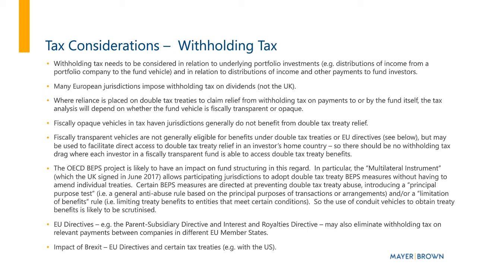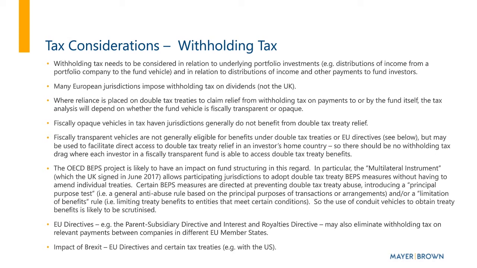Obviously, the UK doesn't. Now, you can rely on double tax treaties, but that will depend on whether the fund vehicle is transparent and therefore effectively ignored when seeing if a double tax treaty will apply. You just look at the jurisdiction of the portfolio company and the jurisdiction of the investor.